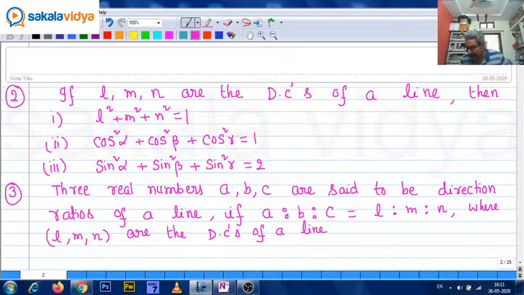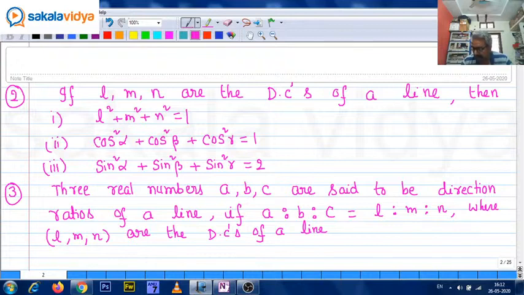Any 3 real numbers A comma B comma C are said to be direction ratios of a line, provided that their ratio A is to B is to C should be equal to the direction cosines. For example, direction cosines are actually unique, whereas direction ratios may not be unique. If A comma B comma C are the direction ratios of a line, then 2A, 2B, 2C are also direction ratios of the same line, even 3A, 3B, 3C also.